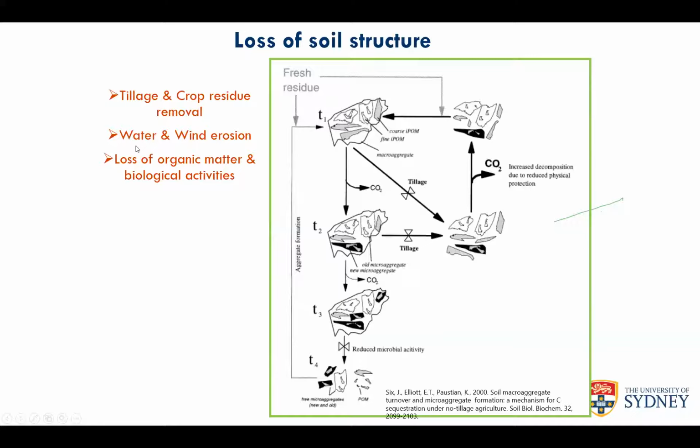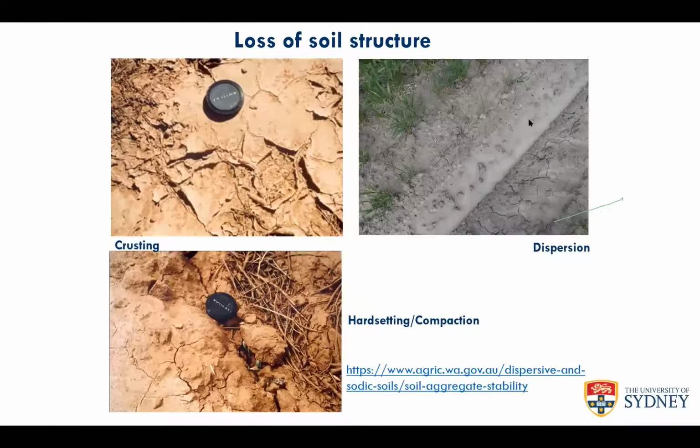If you look, it forms a crust, and then after it's crusting, it's hard setting. That means it's very hard for the plant to germinate. And in some cases, there are also problems with dispersion, because there's lots of salt in the system that makes the clay particles disperse.